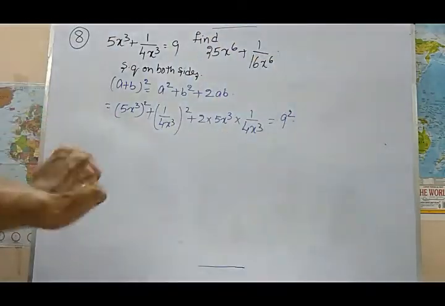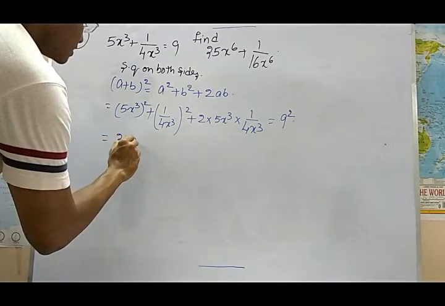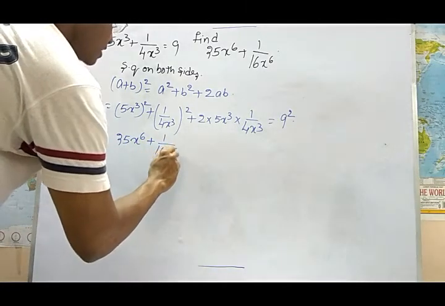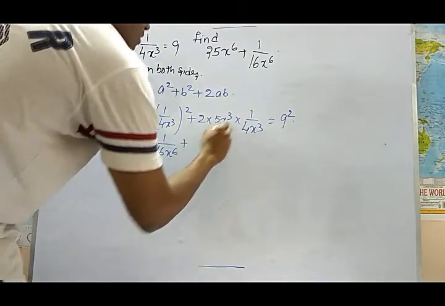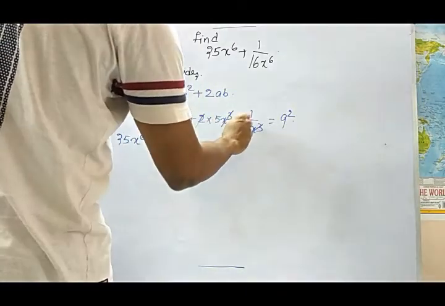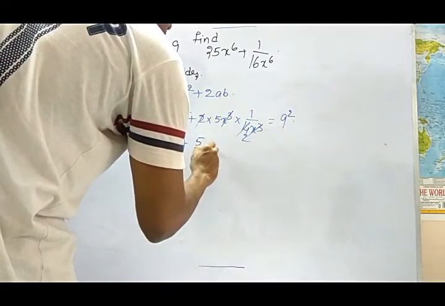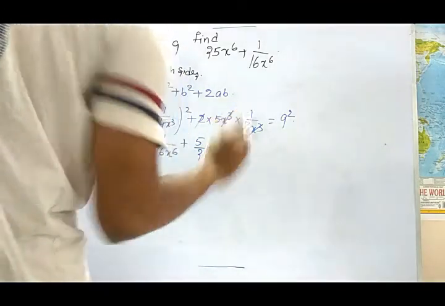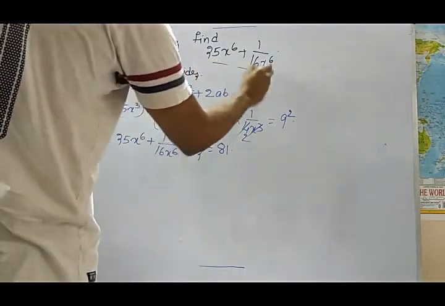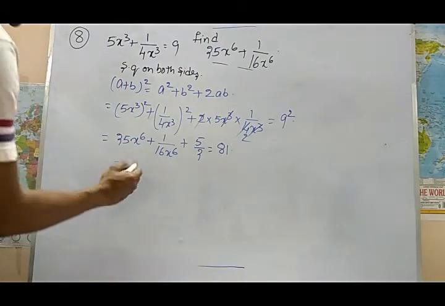Okay, the next step is squaring. 25x power 6 plus 1 by 16x power 6 plus, see here, x cube gets cancelled, and 2 goes in 2 times, so 5 by 2, equal to 9 square, 81. What we require here is 25x power 6 plus 1 by 16x power 6, and we have that in this form here.